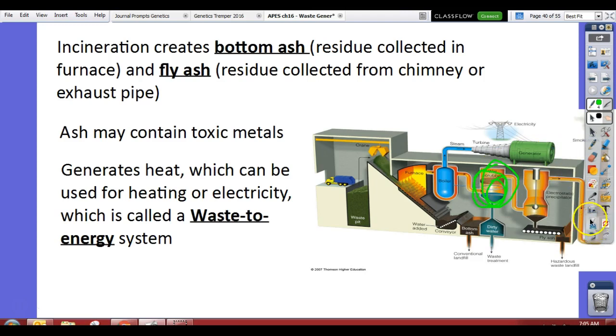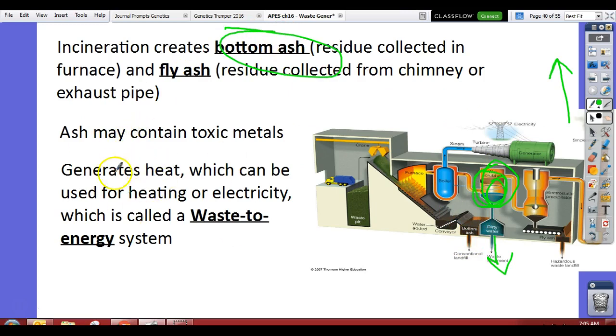Basically it adds water and the metals go into the water and then the water goes into the waste treatment. So the ash contains toxic metals. They're either going to go into the dirty water, some of them are going to go into the air, and the bottom ash is going to go into a landfill.